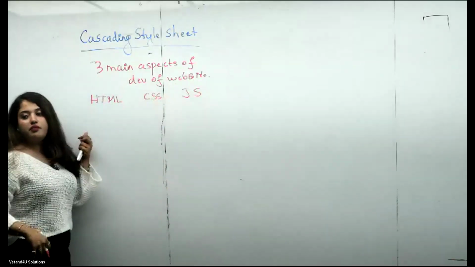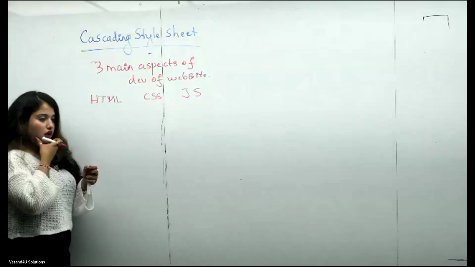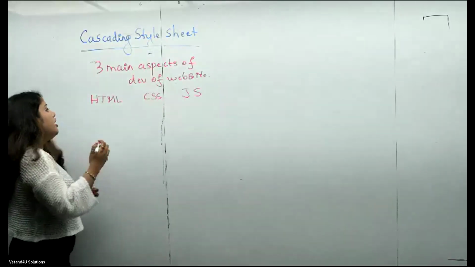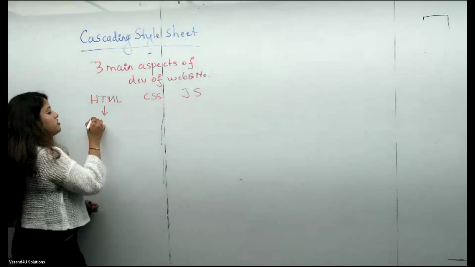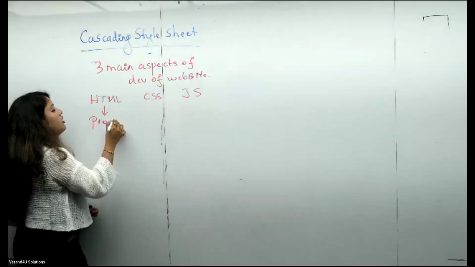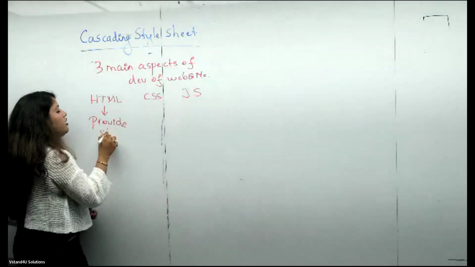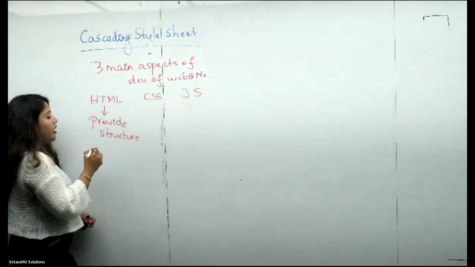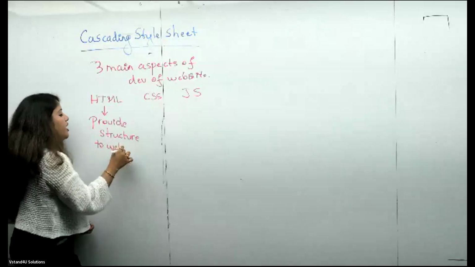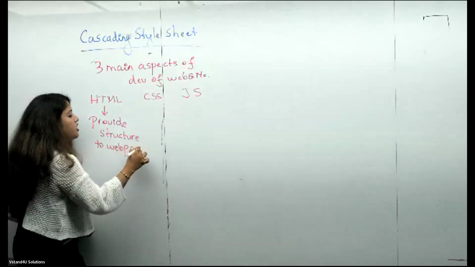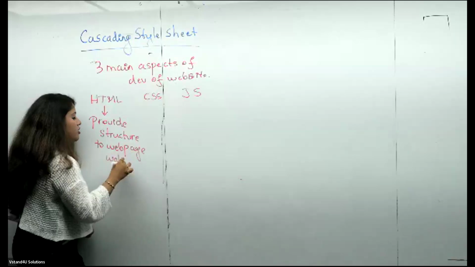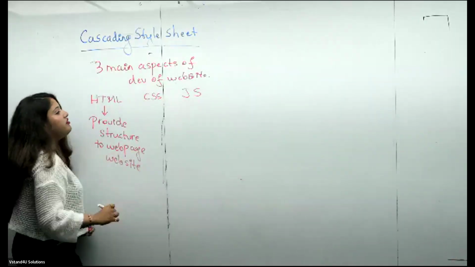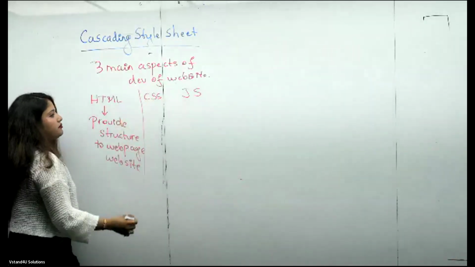Why is HTML required? HTML is used to provide structure. Provide structure to your web page or website. Clear? Yes. Now tell me why CSS is required?